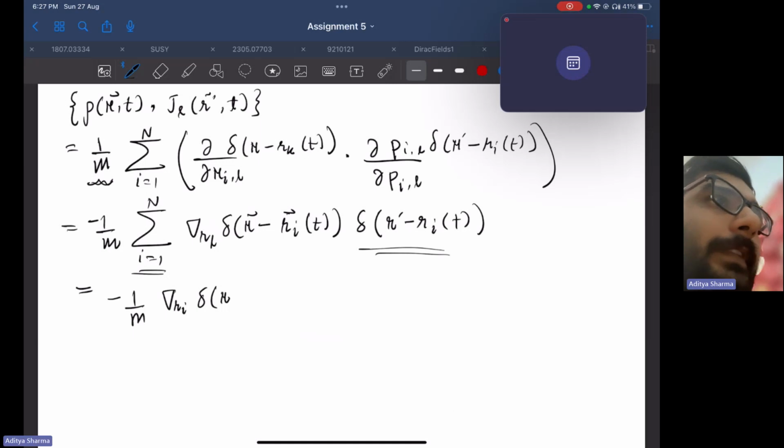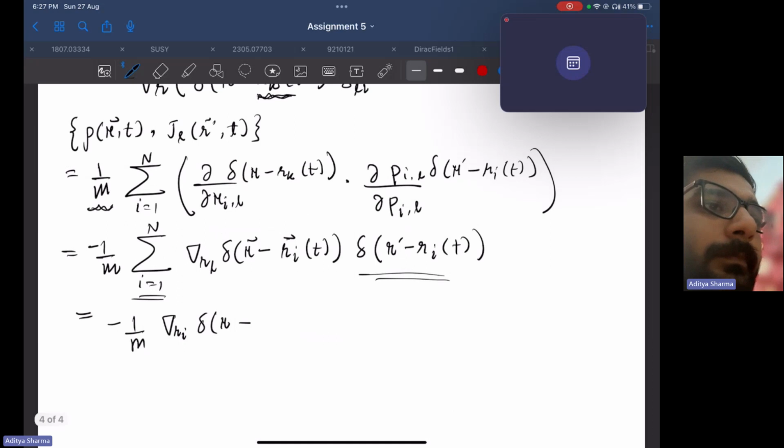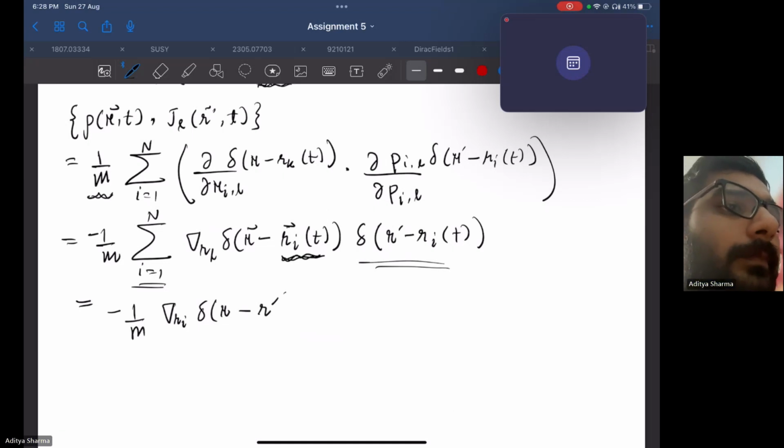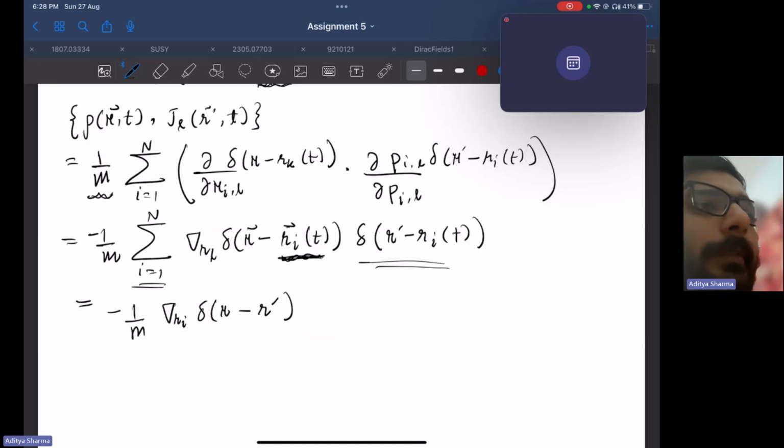r minus, say I'll write this to be, now we are going to use the property of Dirac delta actually. If I substitute this as r prime, then also I'm fine, right? Because there's this Dirac delta which says that r prime is equal to this. So I can safely substitute r prime here.